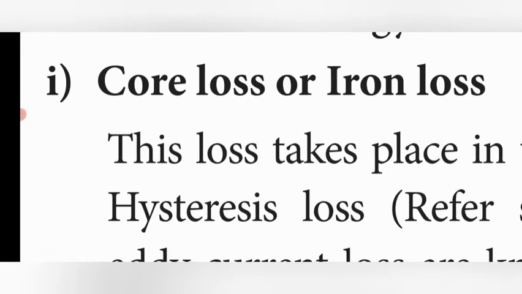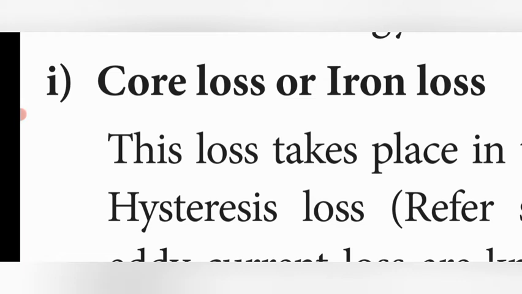Because of this magnetization and demagnetization, some energy is lost in the form of heat. That loss is called the hysteresis loss. It can be minimized by using a material with high silicon content for the transformer core.